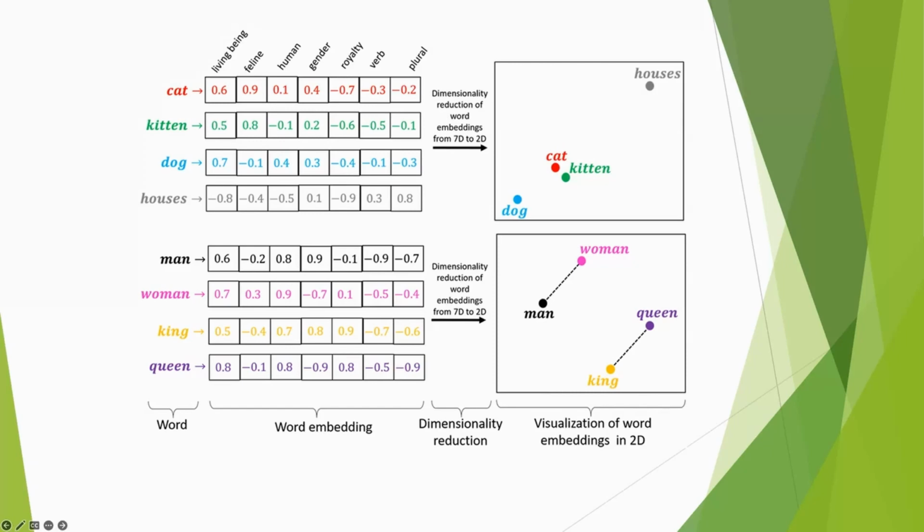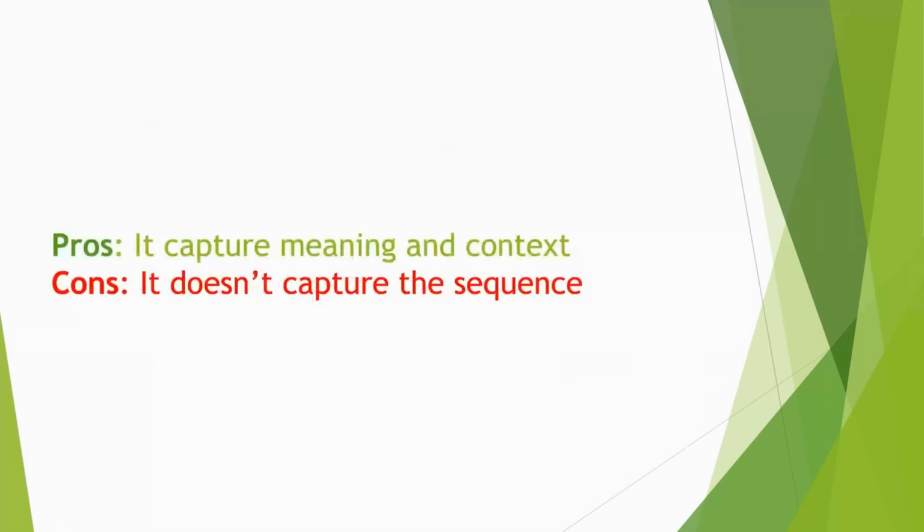If we say man plus woman minus king as vectors, the output will be a vector of queen. That was mind-blowing back then, because basically the mathematical vectors retain a meaning, and you can see that representation in multi-dimensions. So it captures meanings and content, but it does not capture the sequence, and hence the bag of words, as if you have taken all the words and put them in a plastic bag.